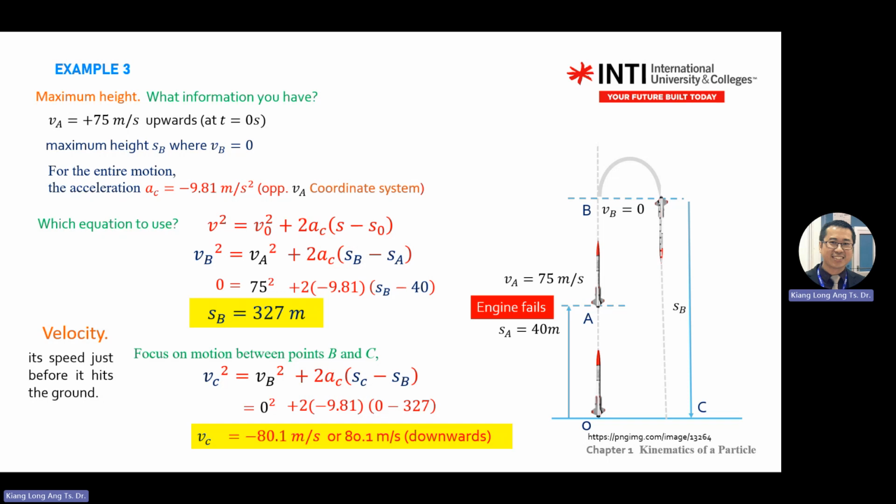Then if your starting point is from 327 to 0, then it becomes 0 minus that one. You still take the second minus the first one. You don't confuse with the magnitude. You are more interested in the location.